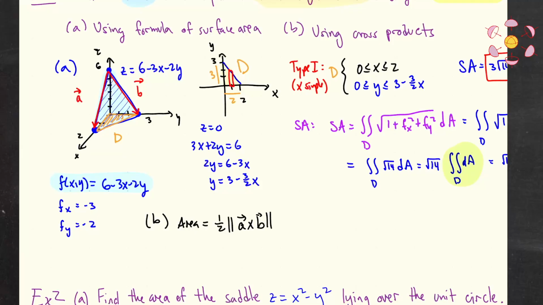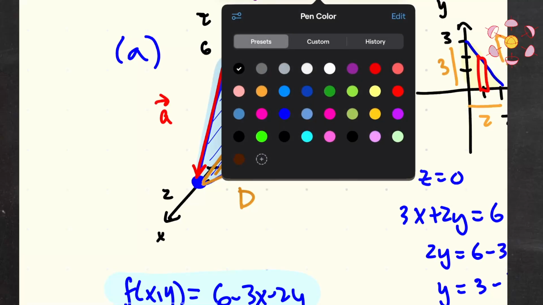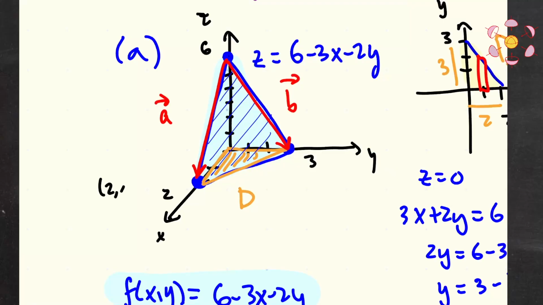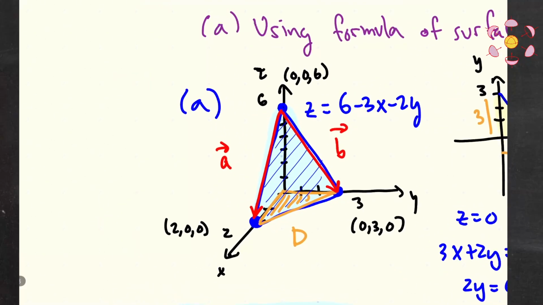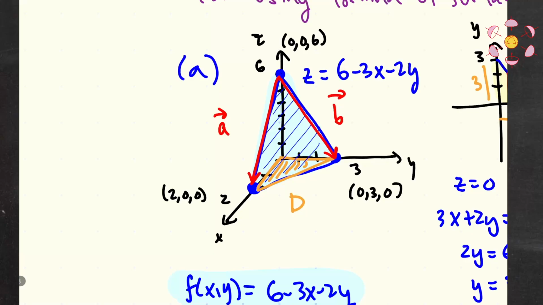Okay, so let me label the points so we can actually look at the 3 numbers here while we calculate the vectors. A and B. So I guess I've got space over here. So again, we've got 2, 0, 0, 0, 0, 6, and 0, 3, 0.